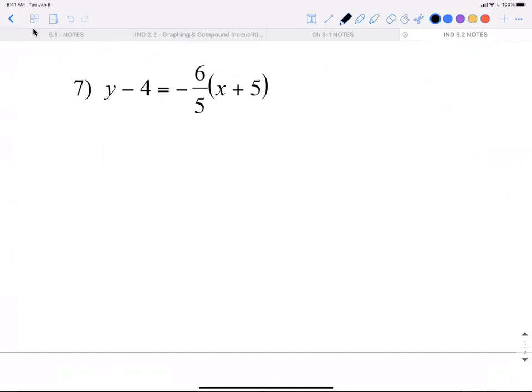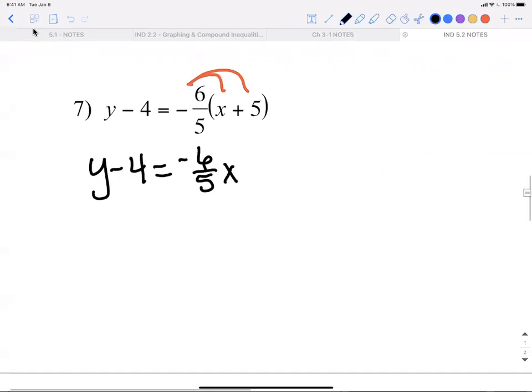All right, so like I said before, first thing is always to distribute because you want to get rid of parentheses before you start moving anything around. So y minus 4 stays the same right now. -6/5 times x, just leave it -6/5x, right? Because we know that our mx, that m can be a fraction. That's no problem.